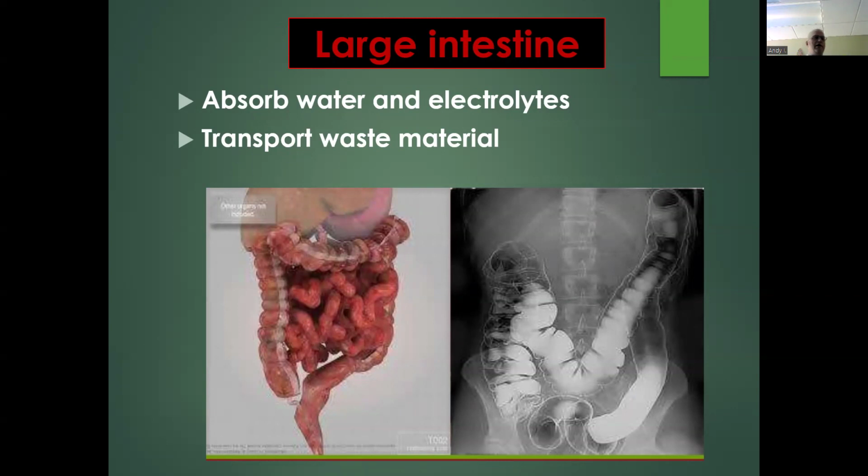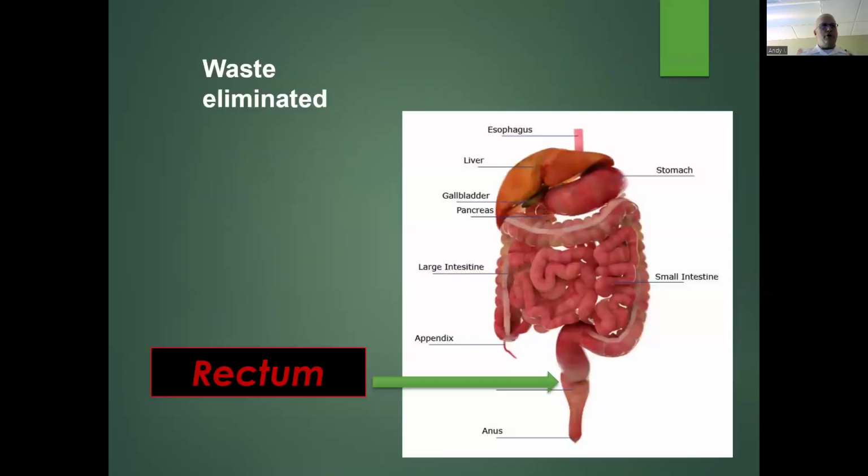This is a constant process that is just happening as it's flowing through. Also in the large intestine, after all the nutrients have been removed and it has gotten all the water and the electrolytes it needs, it's going to transport the waste material that it doesn't need out through the rectum. So, passing through.